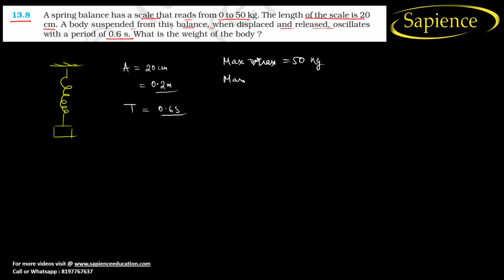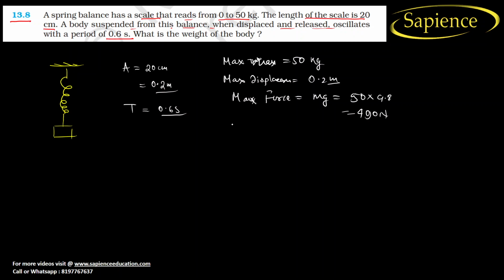Maximum displacement of the spring is equal to 0.2 meter. Maximum force exerted is equal to mg, that is 50 into 9.8, so this will be 490 newton. Got it?